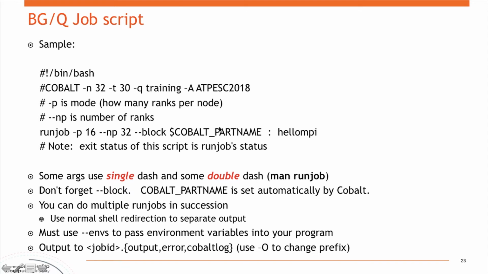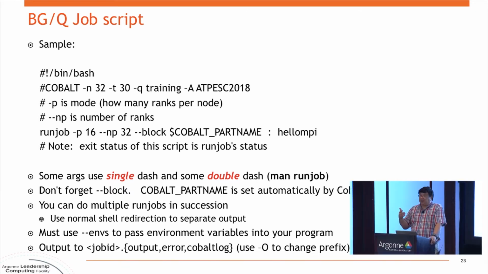That's set in the environment automatically, right? You're not supposed to replace that with something. In other words, when your job script runs, that's set in the environment to the location that your job was allocated. So you would put that in, and it's important to note that the colon here is actually a lexical token.